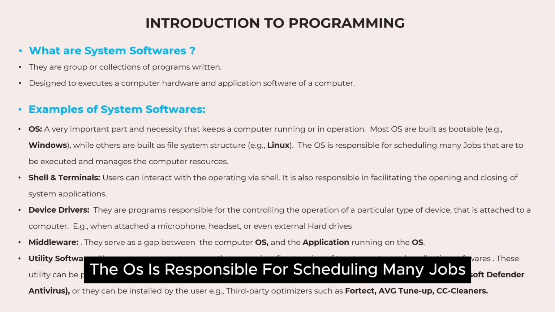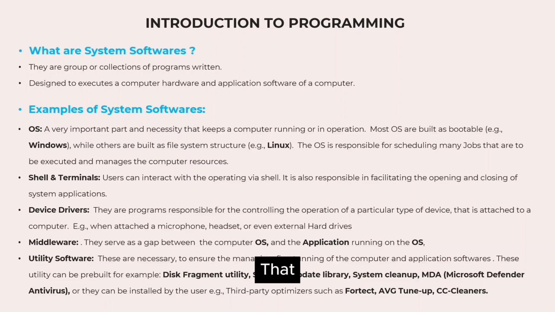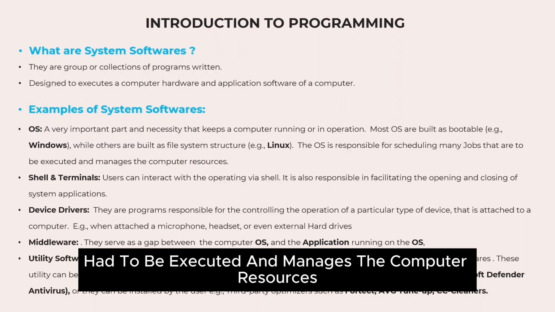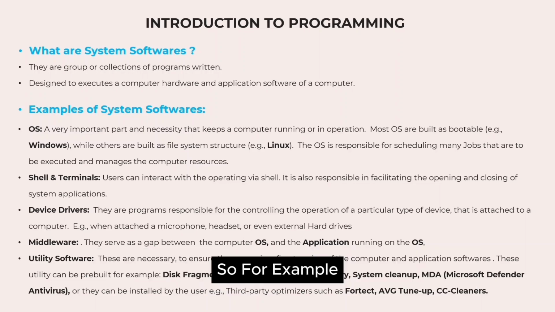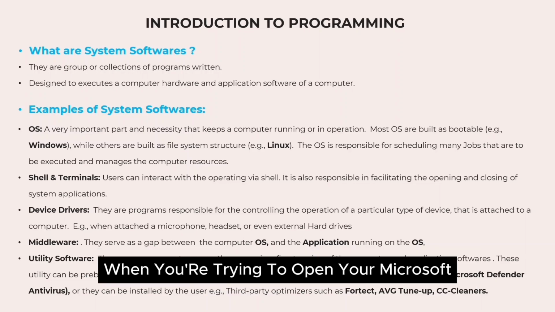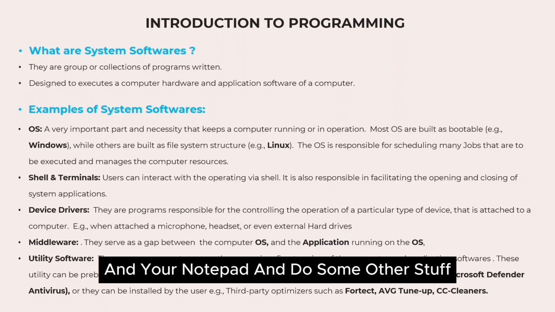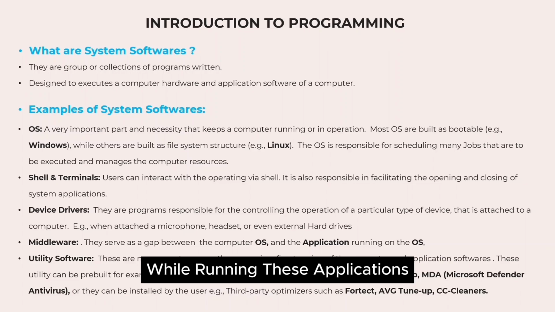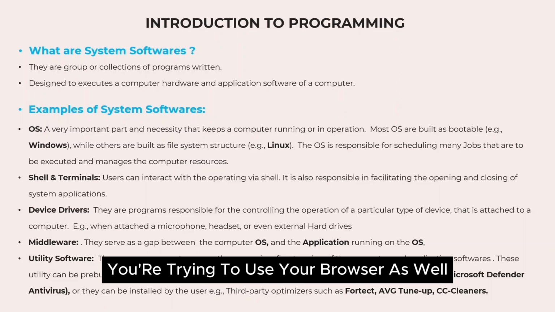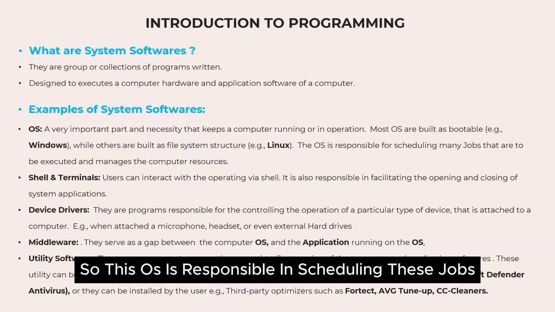The OS is responsible for scheduling the many jobs that are to be executed and manages the computer resources. For example, when you're trying to open your Microsoft Word document and your Notepad and do some other stuff, while running these applications, you're also using your browser. The OS is responsible for scheduling these jobs.